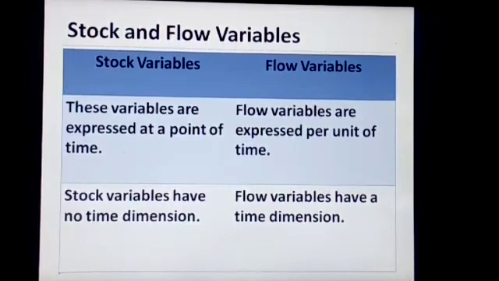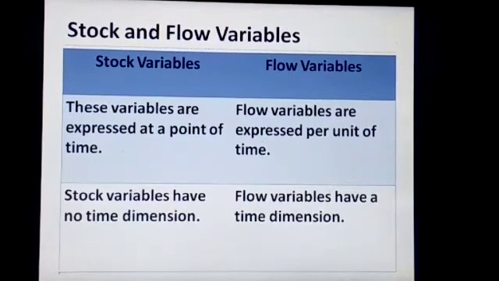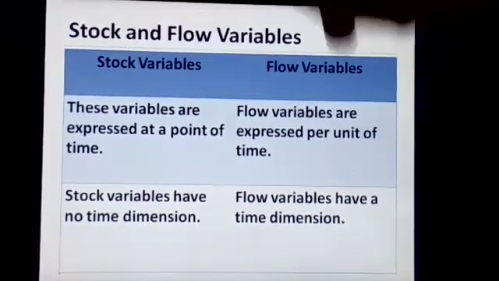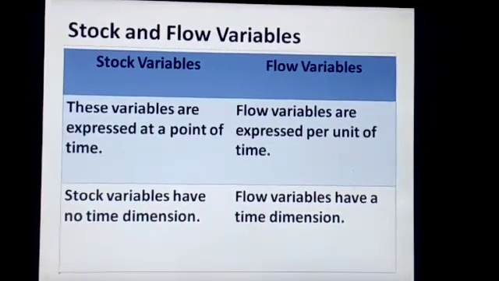Income is a flow concept and I am saying my income is 5,000 every month. So flow variables have a time dimension. Stock variables do not have a time dimension and flow variables have a time dimension. The example of a stock variable is wealth. The example of a flow variable is income.